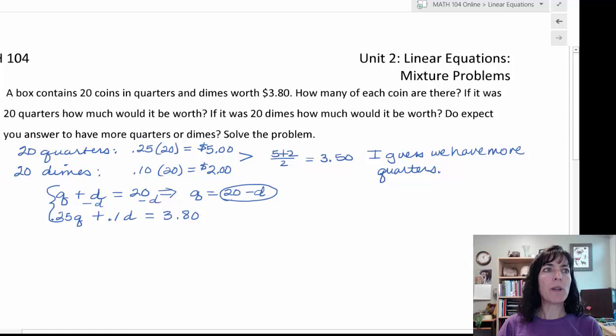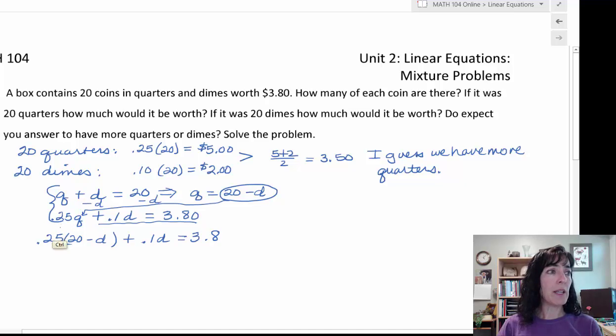I'll take that 20 minus D and put it wherever I see a Q in the second equation, because that's what Q is equivalent to. Then I will have 0.25 times 20 minus D, plus 0.1 D equals 3.8.